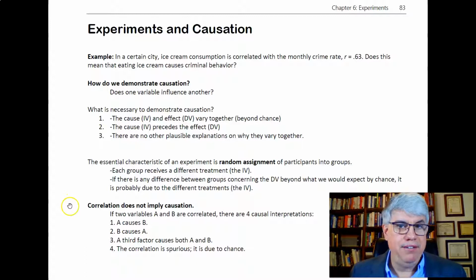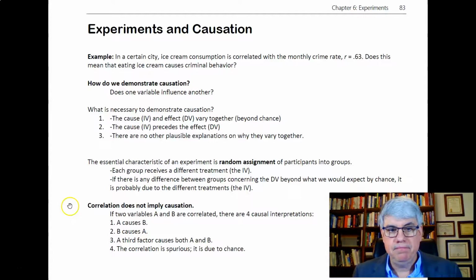So let's review the 4 causal interpretations of a correlation, because it's important to remember that correlation does not imply causation. So if 2 variables A and B are correlated, there's 4 causal interpretations.